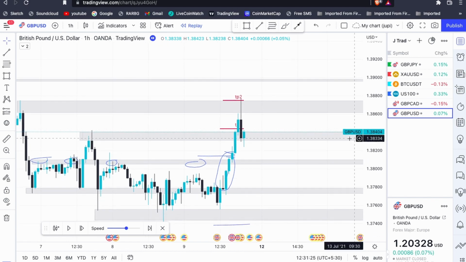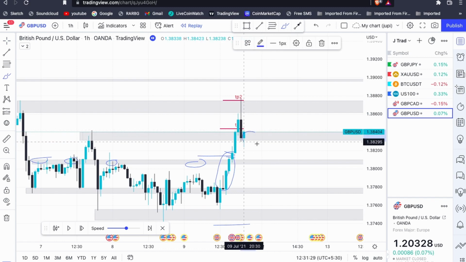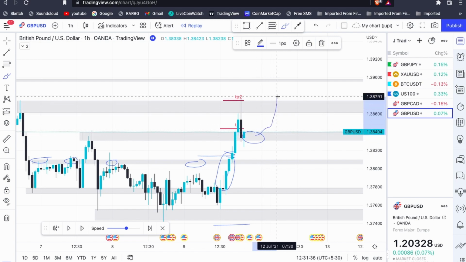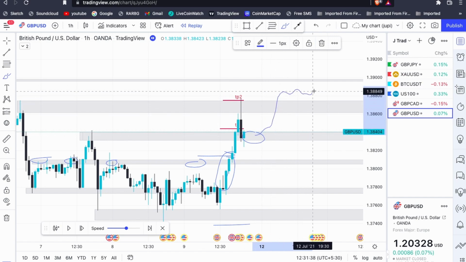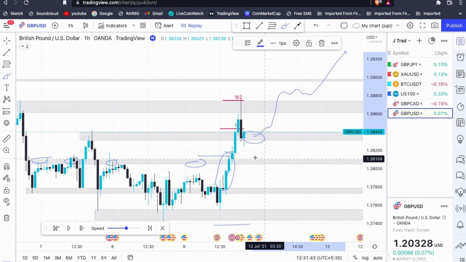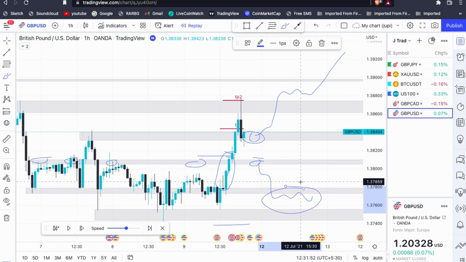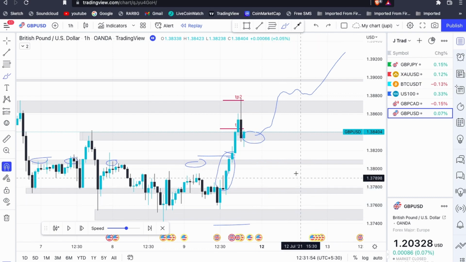What I'm looking for is the price either to get supported from this area, and then we may have a probability to break above this area again, play here, then go up, so price may continue its rally. But if it breaks below this area, we have a weak support here, so it may break down to this area and come back to play around this level again. Let's see which scenario is going to play out.